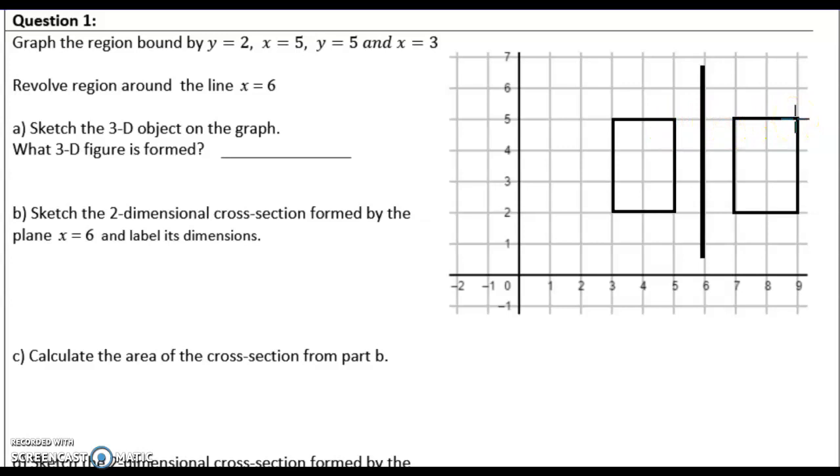So what's happening here when I actually look at this thing is my shape, when I revolve it, I get a cylinder, but this cylinder is hollow.